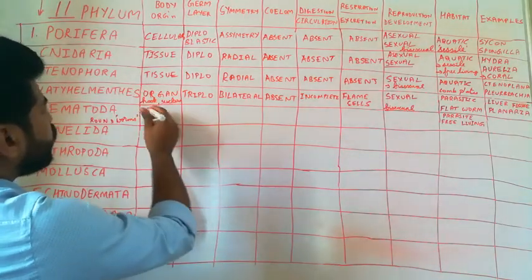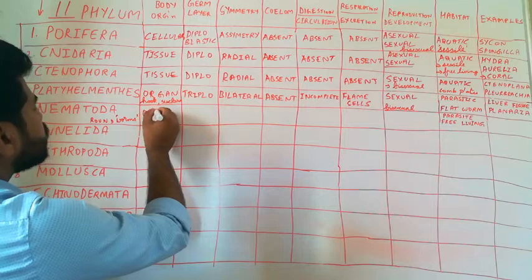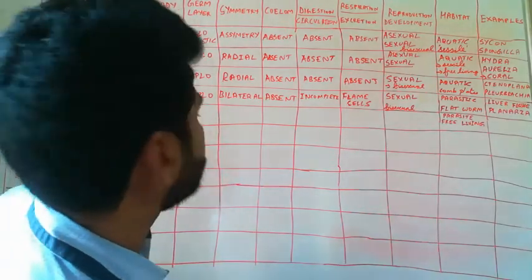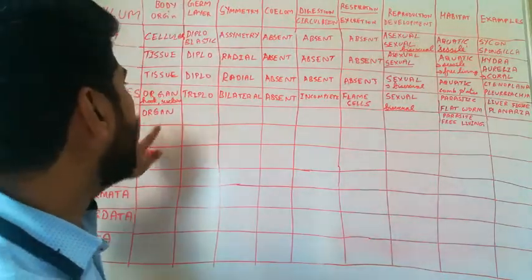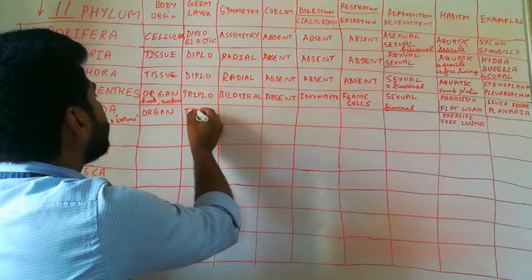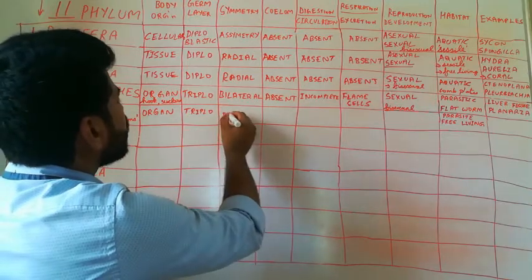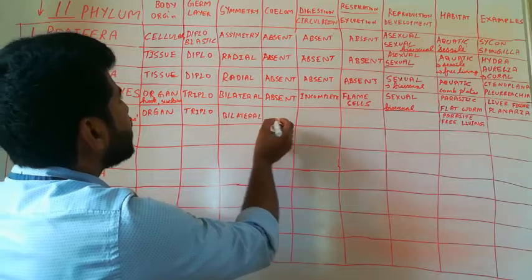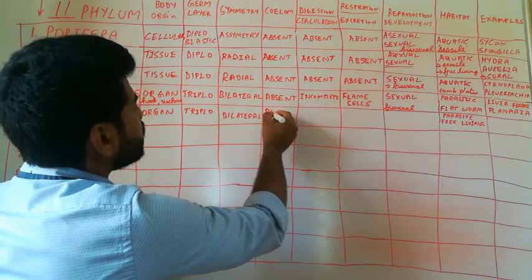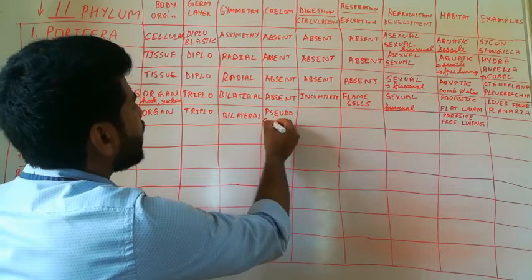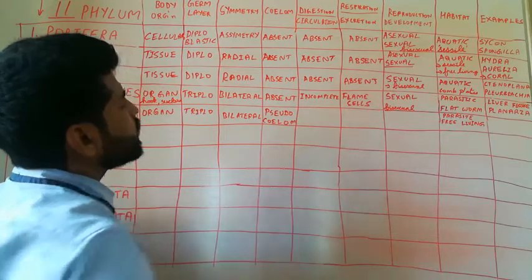The roundworms also show organ level of body organization. These are triploblastic. They also show bilateral symmetry and they exhibit what is called a pseudocoelom.